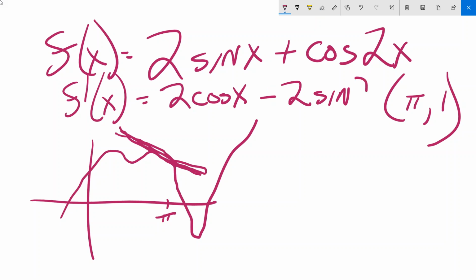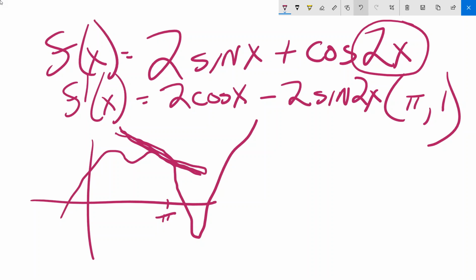Sine 2x. In other words, don't change that when you're doing the derivative of the outside. The first thing you did was take the derivative of the outside, and the derivative of cosine of 2x is negative sine of 2x.